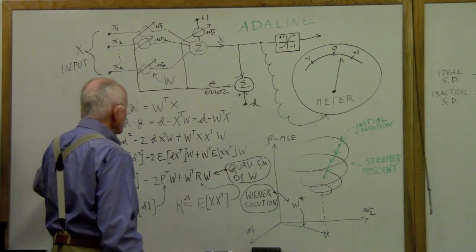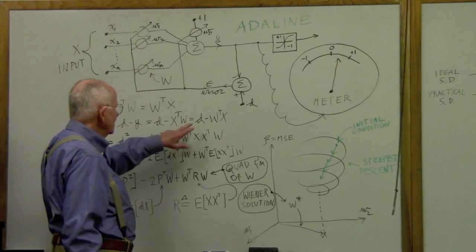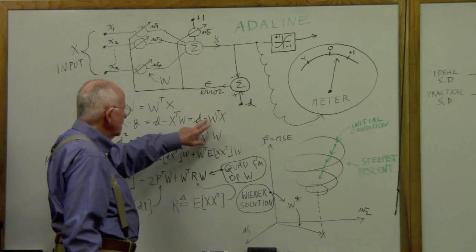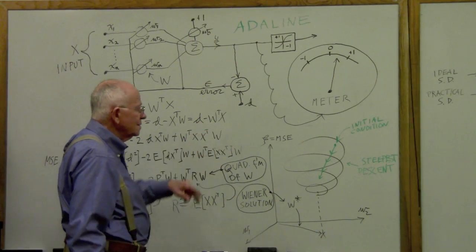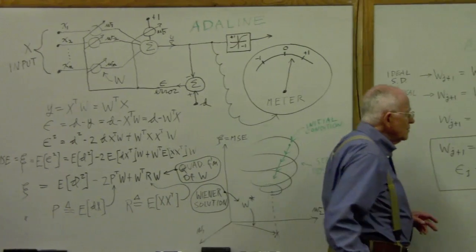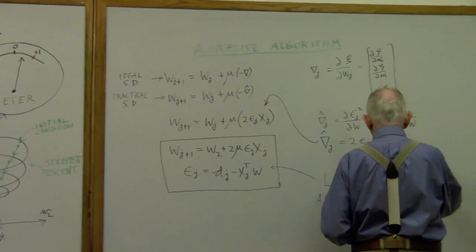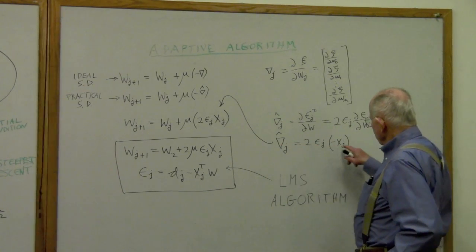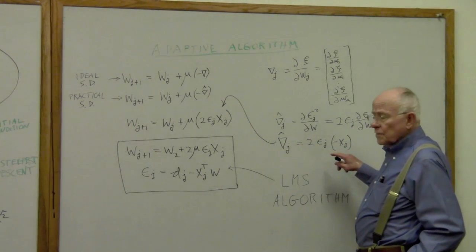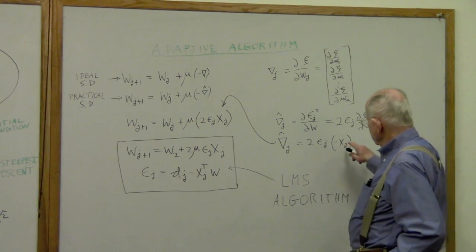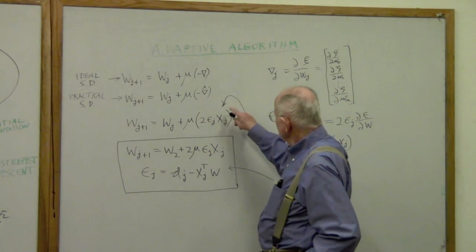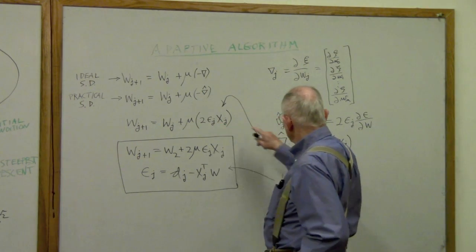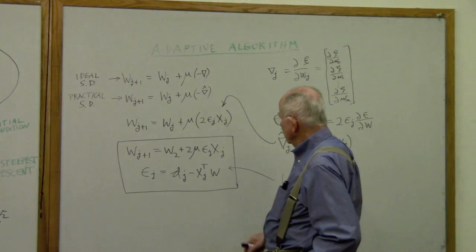The derivative of the error with respect to the weights is just x itself, but with a minus sign. So that derivative turns out to be minus x. That's our gradient estimate based on a single sample of error, the instantaneous gradient. So we take that gradient estimate and put it over here. In other words, minus the gradient estimate comes out to be 2 epsilon j xj.